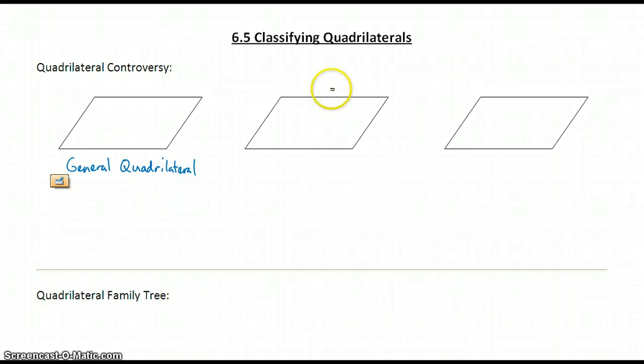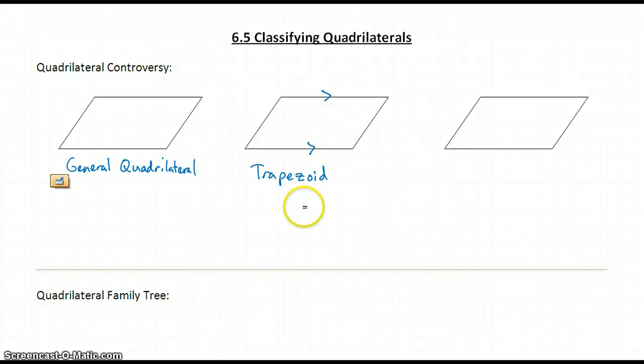If we take that same quadrilateral and we are given that one pair of sides is parallel to each other, then we can conclude that this quadrilateral is a trapezoid. It might be more than that, but at a bare minimum, it's a trapezoid. The question is, does it lose being a general quadrilateral when it becomes a trapezoid?